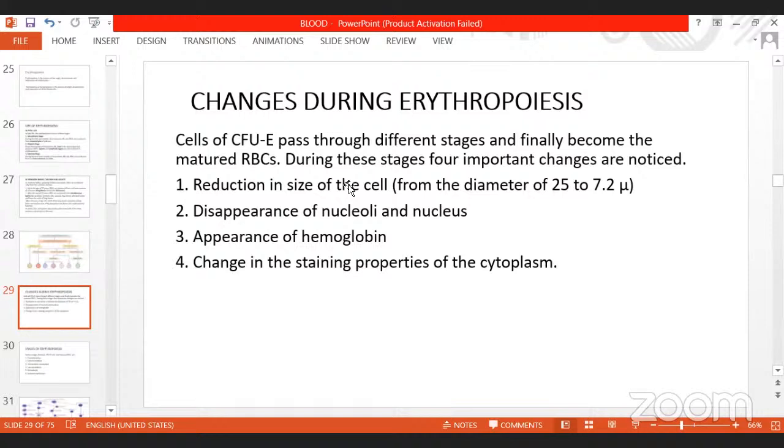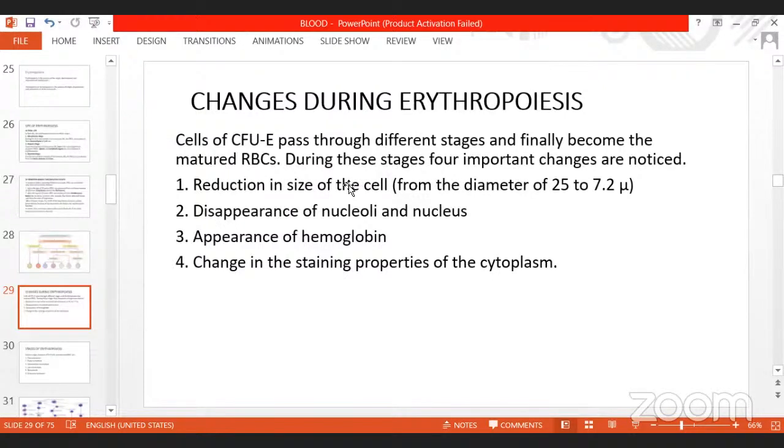It is around 25 and it is reduced to 7.2 micron. Then, the disappearance of nucleoli and nucleus. We know RBCs are non-nucleated, but during development, in the first stage, there is a nucleus. So gradually it is disappearing.